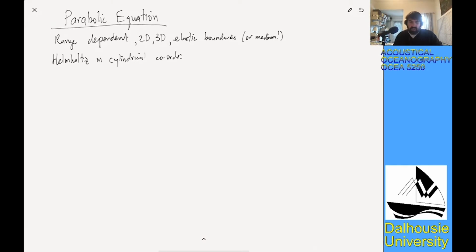So very versatile tool. And we start with the Helmholtz equation in cylindrical coordinates. So we're talking about r, theta, of course, r, phi, z.